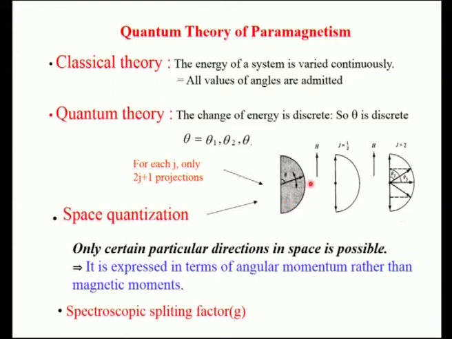When the orbital orientation is changing, angular momentum will also change, and this change will be a quantized one, taking discrete values like this. So we have orientation quantization, also called space quantization.